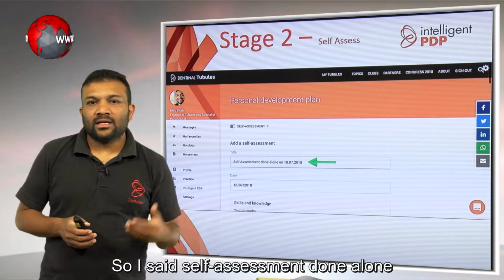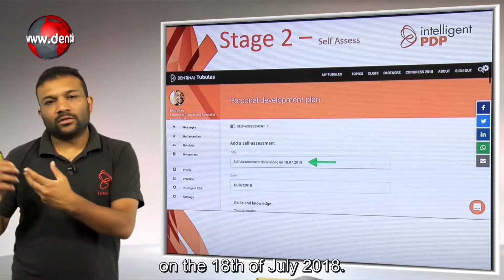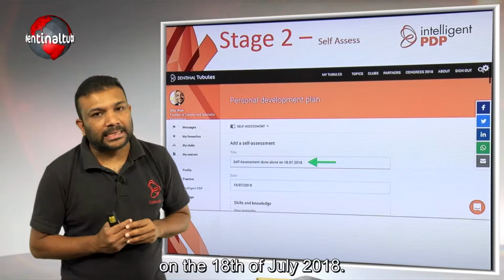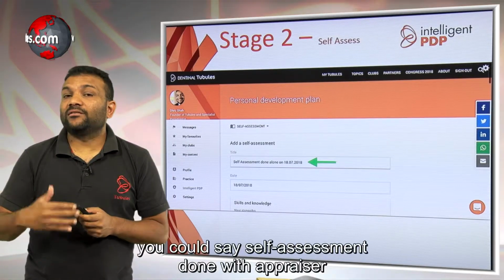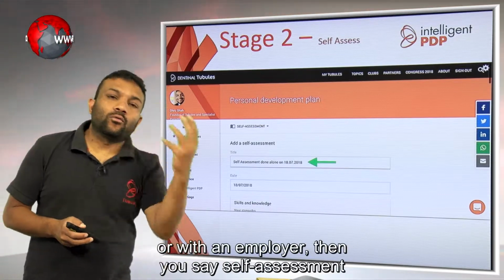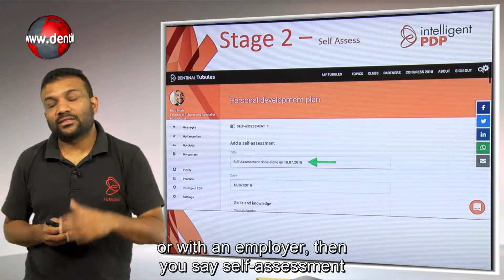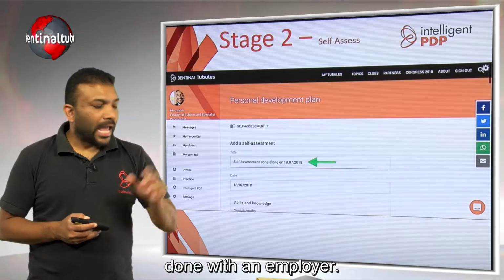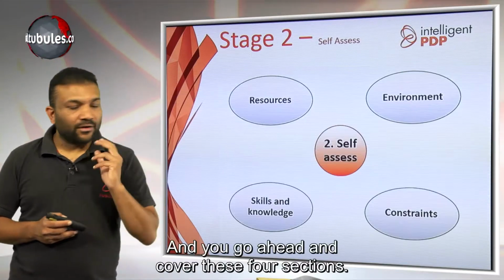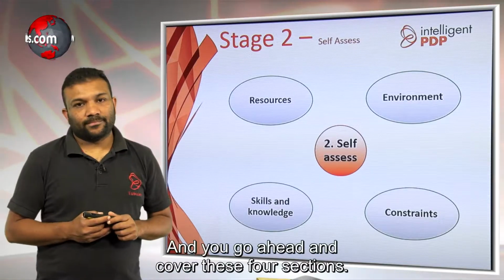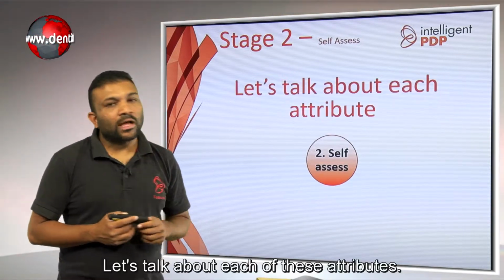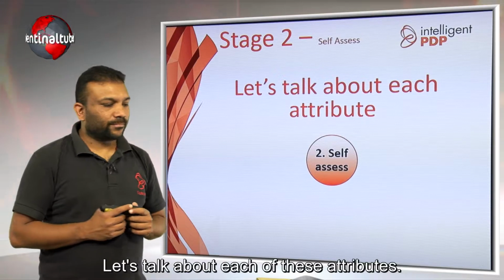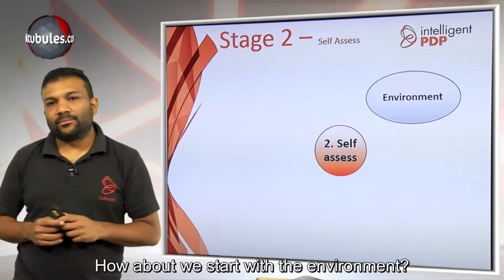So I said self-assessment done alone on the 18th of July 2018. However, if you're doing it with an appraiser, you could say self-assessment done with appraiser, or with an employer, then you say self-assessment done with employer. And you go ahead and cover these 4 sections. Now I'm going to tell you more about these 4 sections as we go along. Let's talk about each of these attributes. How about we start with the environment?